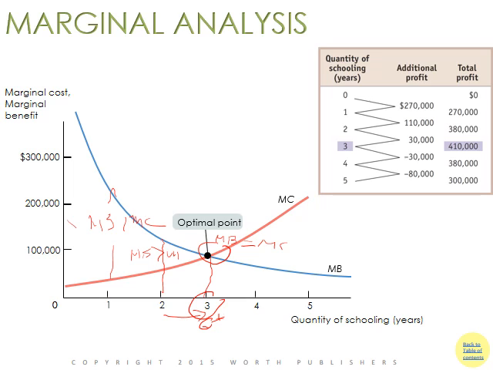But if we went out to 4 years of schooling, it's just the opposite. Marginal cost is greater than the marginal benefit. So in order to increase our profits, we're going to want to reduce the number of years of schooling. So it's where marginal cost equals marginal benefit that is going to be the profit maximizing or optimal level of output.